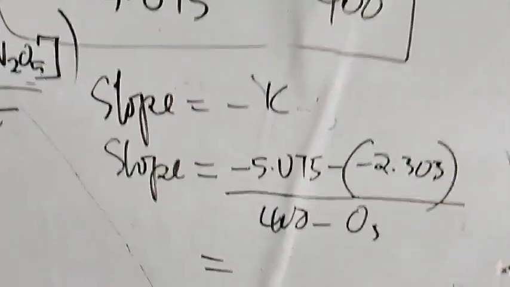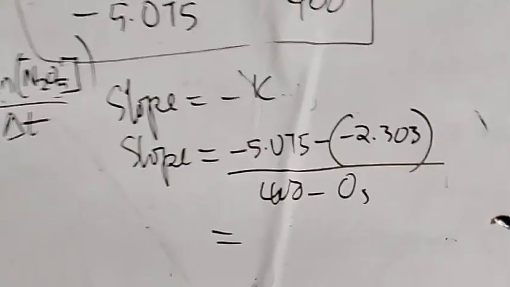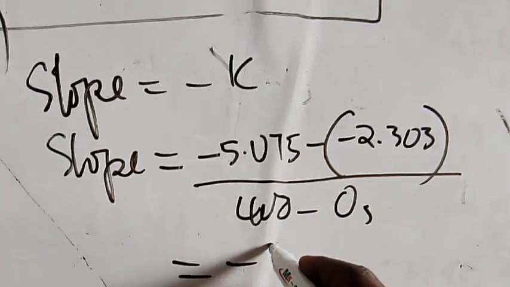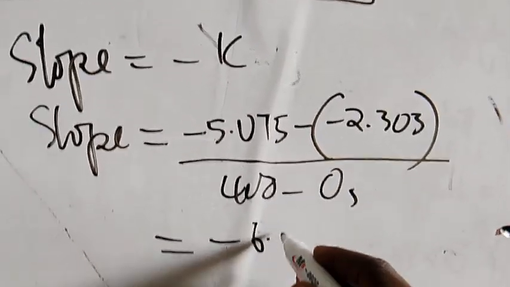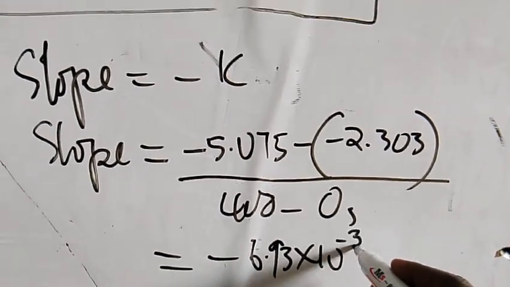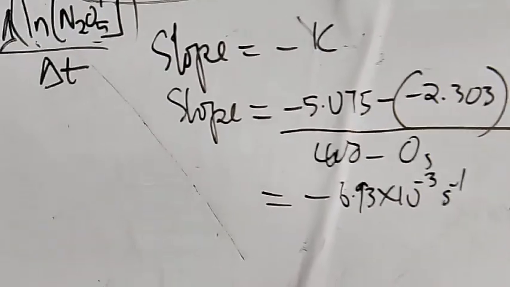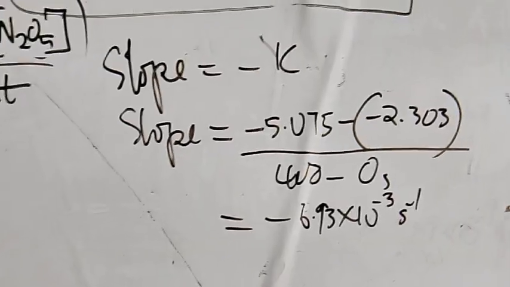This gives us a slope of negative 6.93 times 10 to the power negative 3 per second.